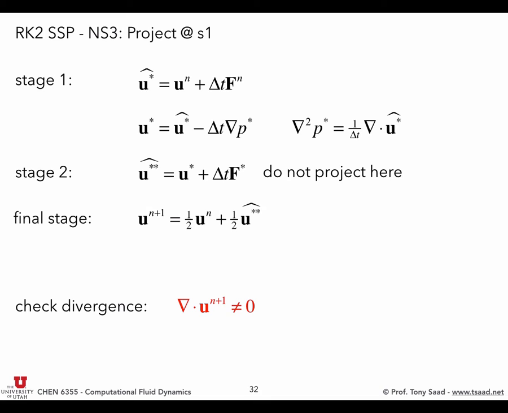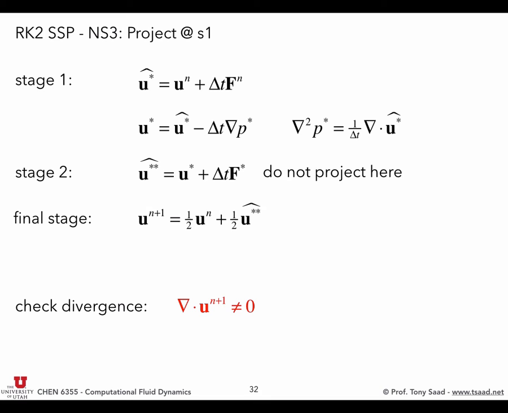And if you go to RK3, same thing applies, RK4, RK10. If you're crazy enough, you want to do a 10th order in time. The problem is you're doing a projection at every stage. And one of the questions is, if we are concerned about mass conservation for the final stage, why are we doing projections in the intermediate stages?